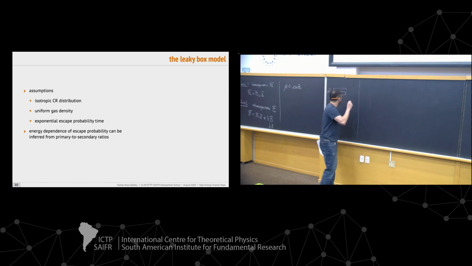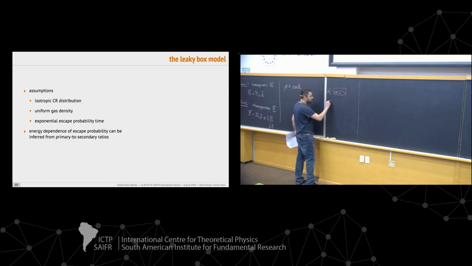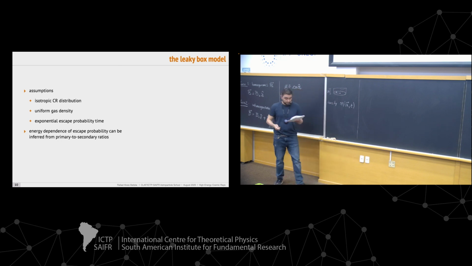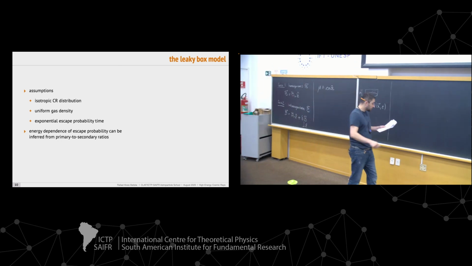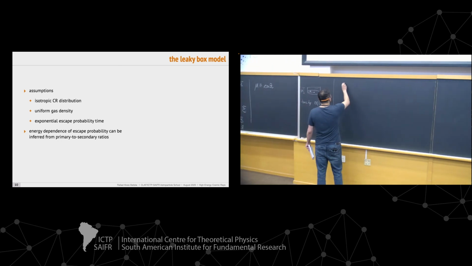Let's suppose that we have a density of cosmic rays. I'm going to say that this is n, okay? This n can depend on space and time. So we know the continuity equation.